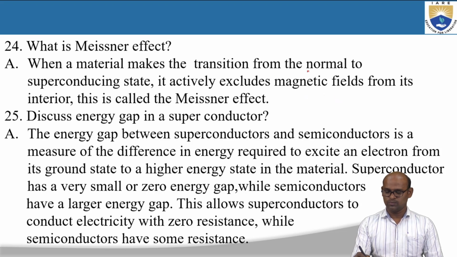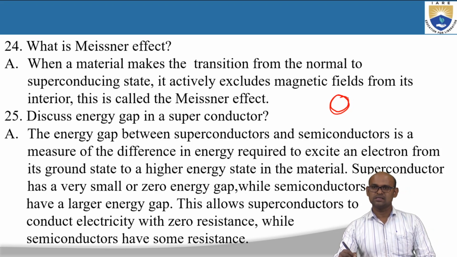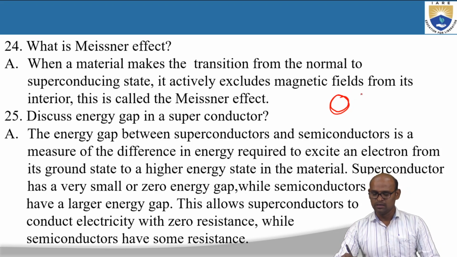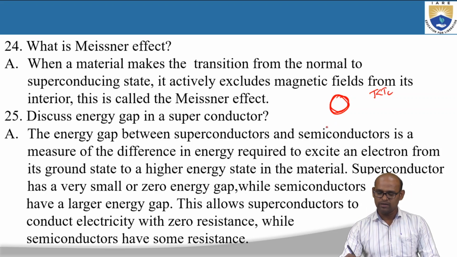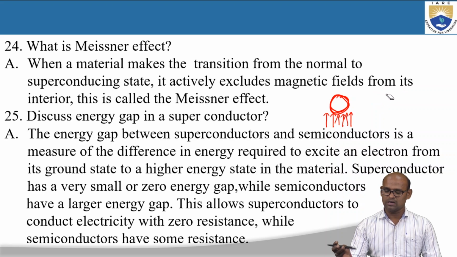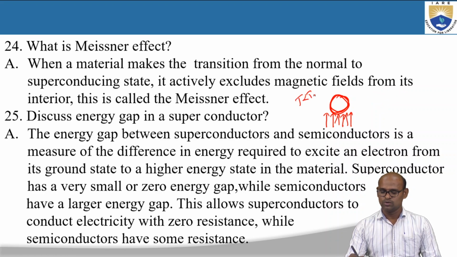If we take a superconducting ring that is in the superconducting state, because we have cooled it below Tc, so it has gone from the normal state to the superconducting state, and we apply a magnetic field to it, then this ring will not allow the magnetic flux lines to pass through it.